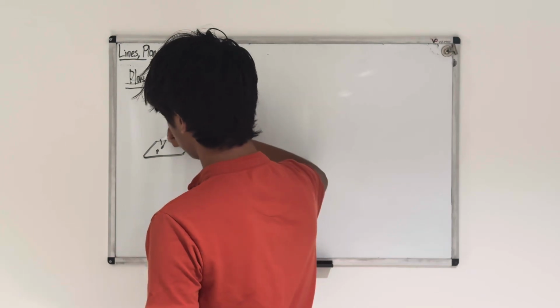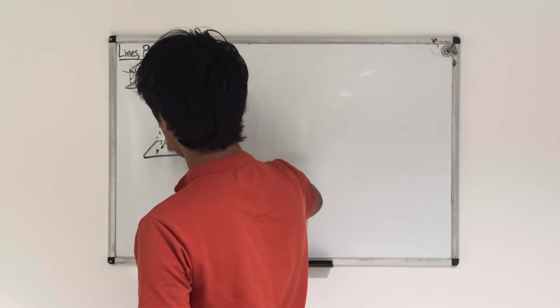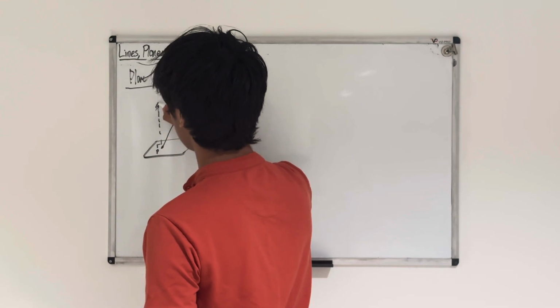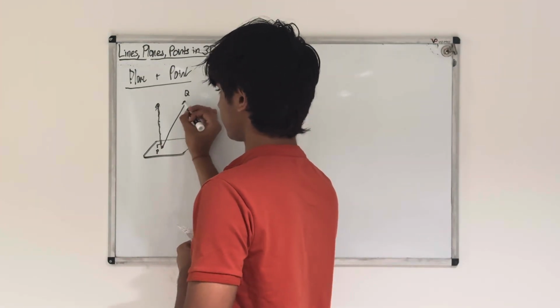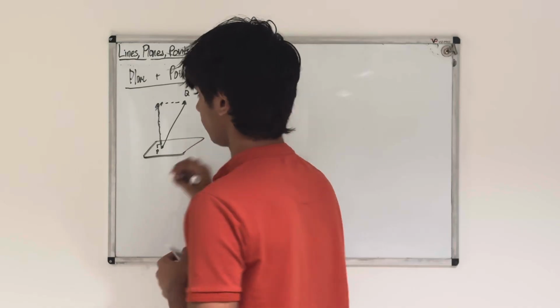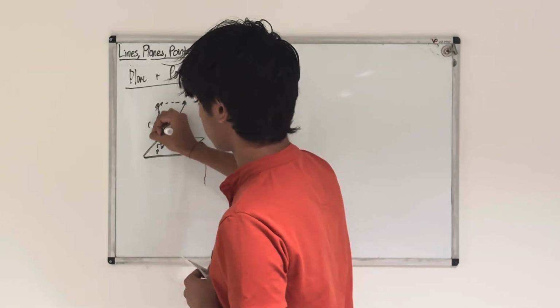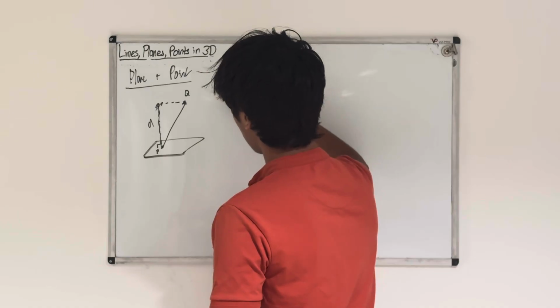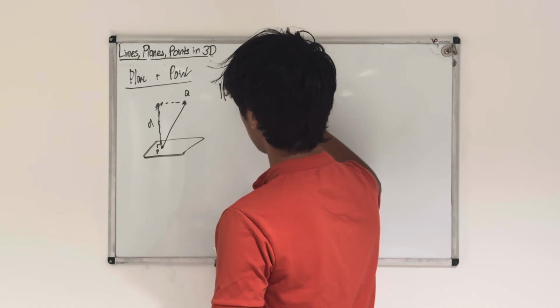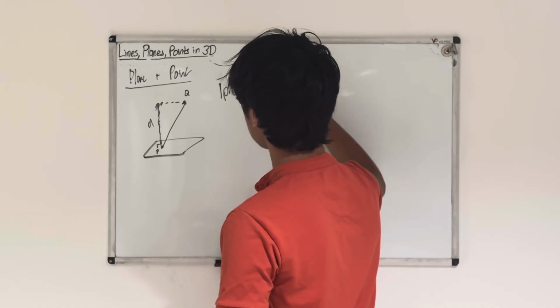Then we draw the normal vector. Again, we're projecting PQ onto N and finding that distance D. So same thing, projection of PQ on N.